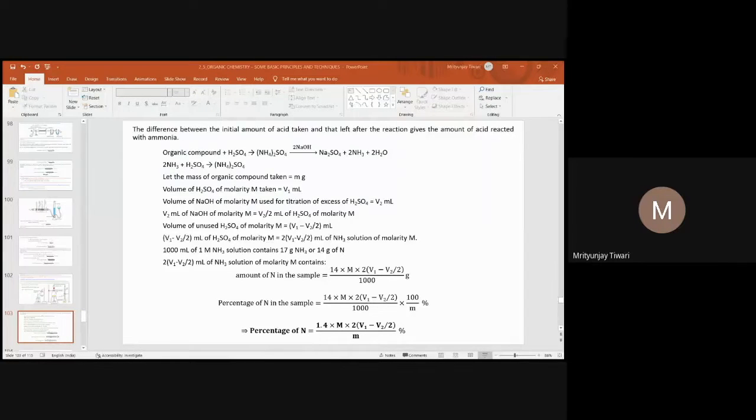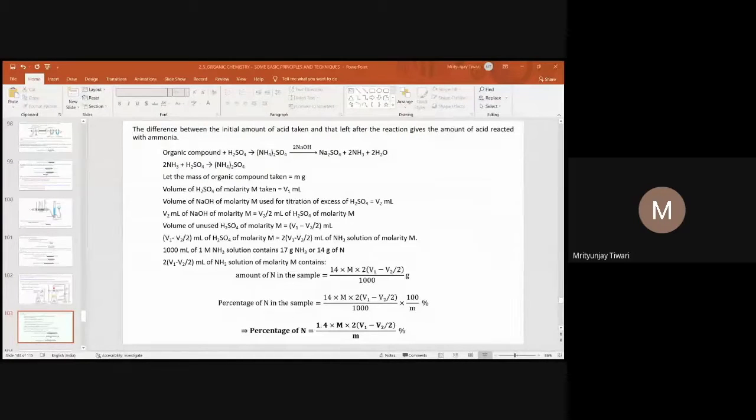V2 is the volume of NaOH used during the titration to find the end point of the titration. M is the molarity of the solution; all the molarities we have considered have the same value, ammonia and NaOH as well as H2SO4.